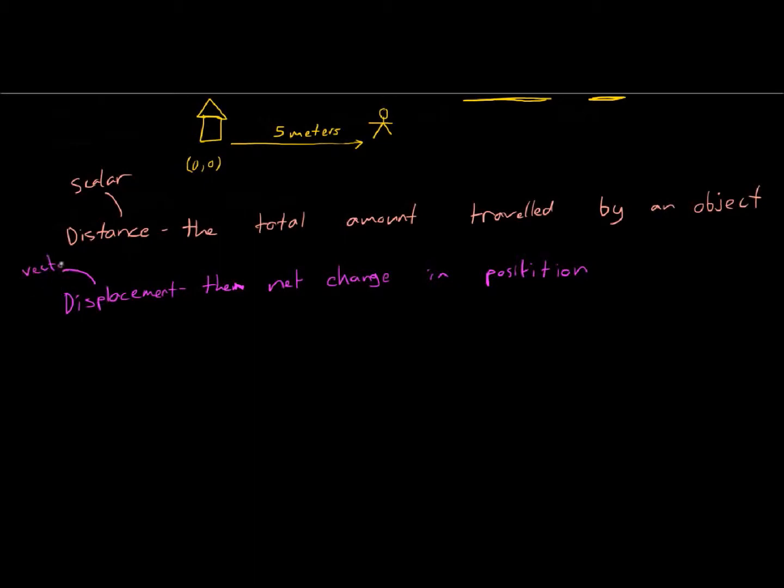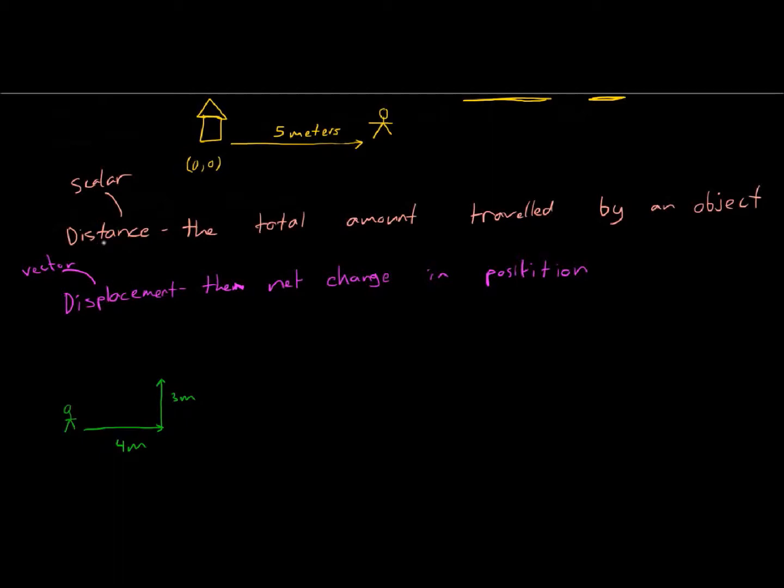And even if you didn't, we'll do an example right now, and we'll get the hang of it. So let's say I start off here. Then I walk 4 meters to the east. Then I walk 3 meters north.